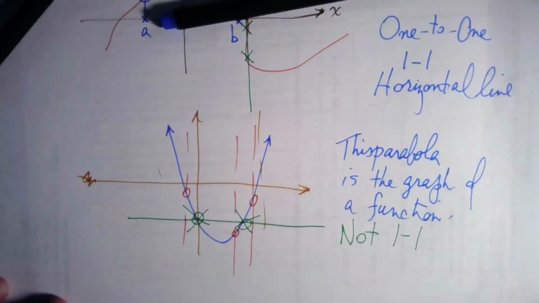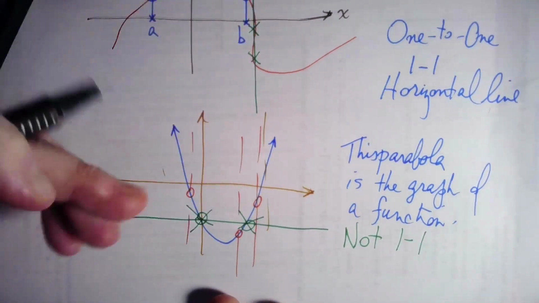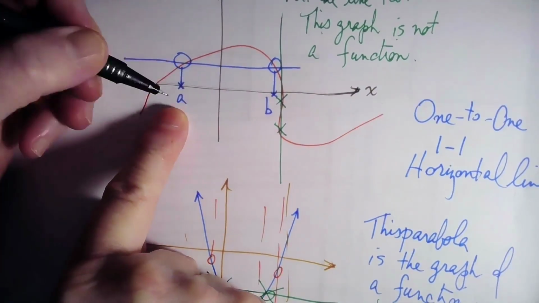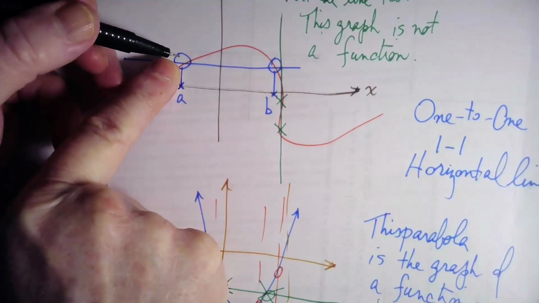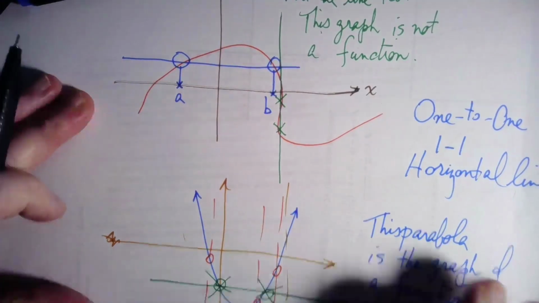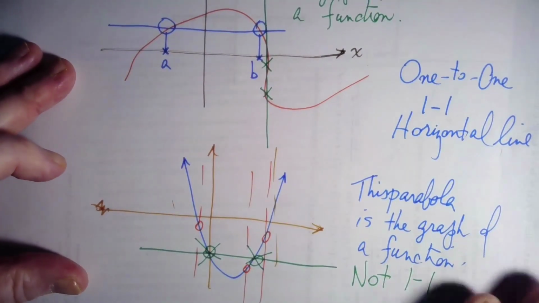Not one to one. And one to one just means each X gives a unique Y and each Y gives a unique X, that you can go back and forth.